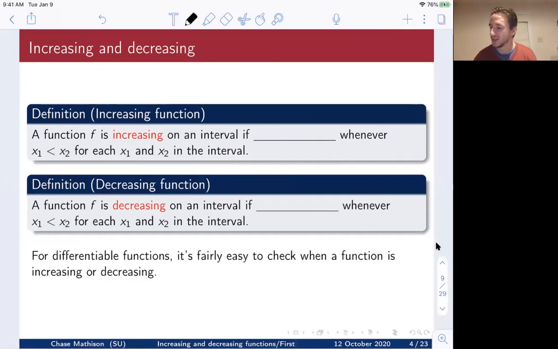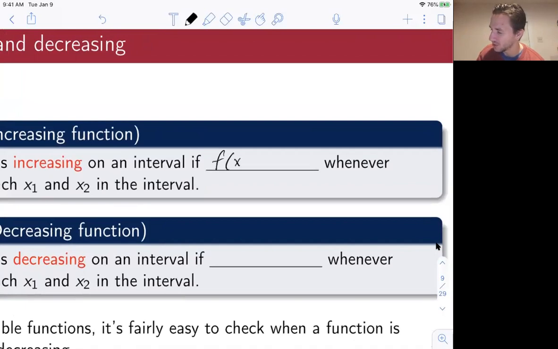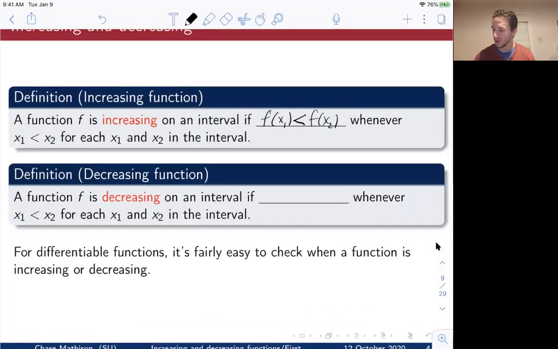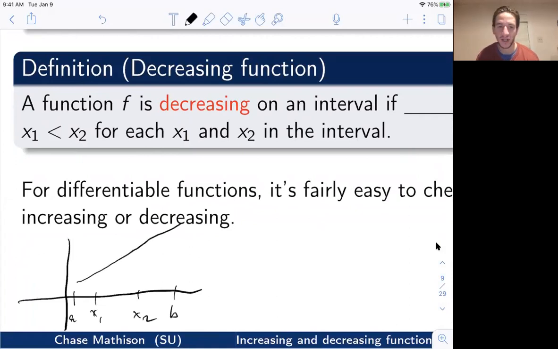So a function f is increasing on an interval if f of x1 is less than f of x2 whenever x1 is less than x2, for each x1 and x2 in the interval. If I draw a graph of an increasing function, here's x1, x2, and the function's increasing in some interval. Just a straight line is increasing, right?